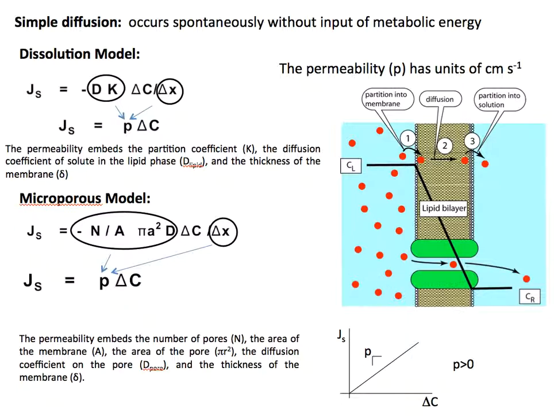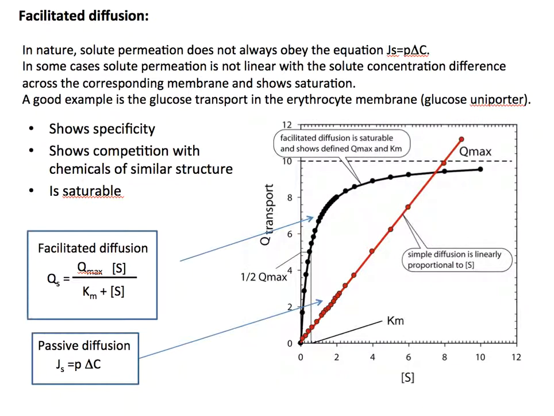All right, next slide. Facilitated diffusion. Here, we're seeing that facilitated diffusion has a few very unique characteristics. It shows specificity; it doesn't just let in anything. It shows competition with chemicals of similar structure.